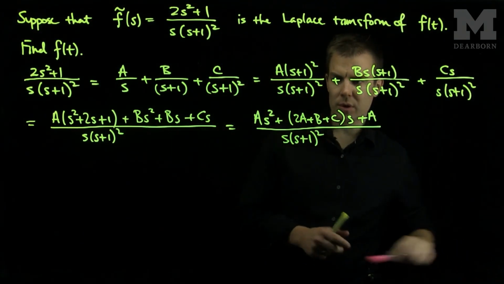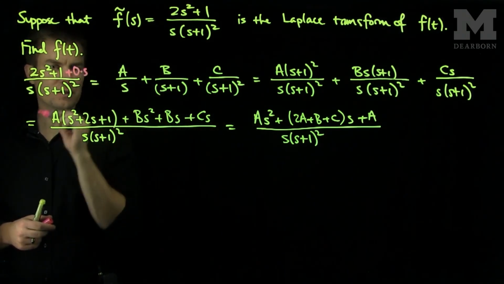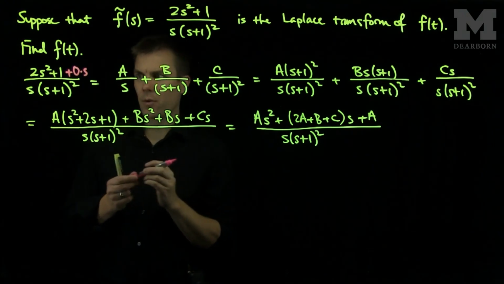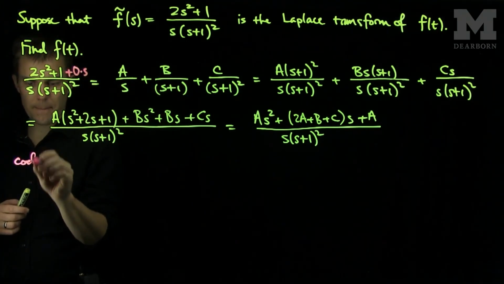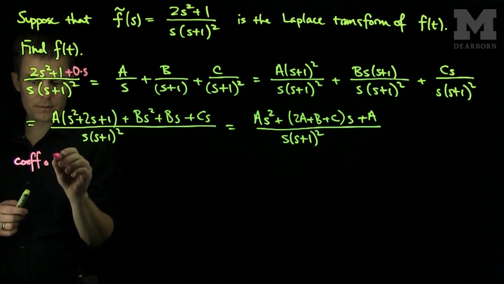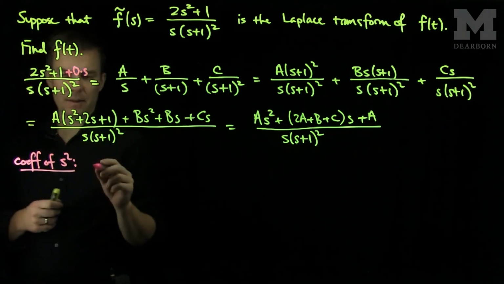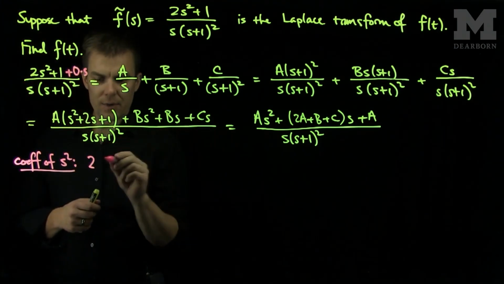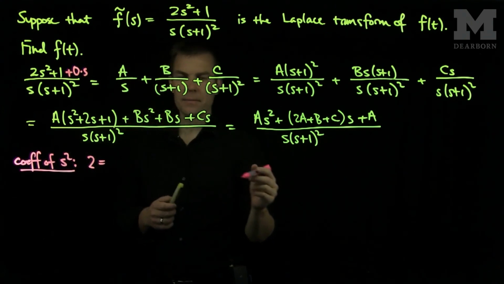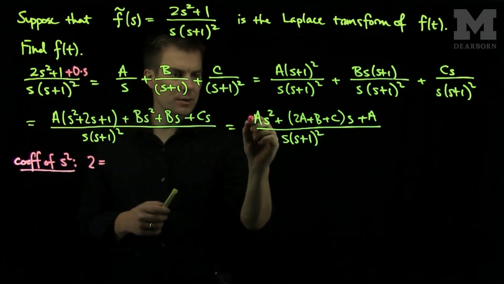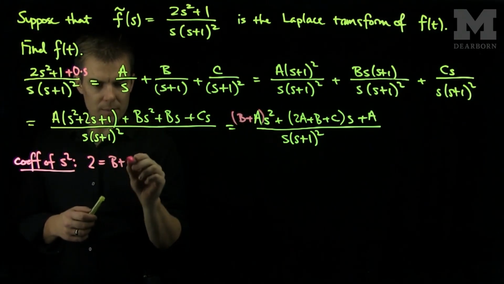Now, we can observe that the coefficient of s on top over here is 0, so we can write down three equations from this. The first equation we have is that the coefficient of s squared on the left-hand side is 2. On the right-hand side, it is equal to a, and then of course I have this plus b, so this would be a plus b.